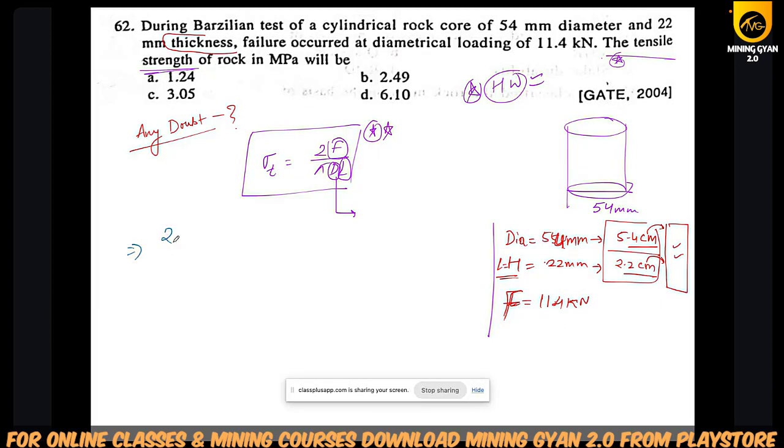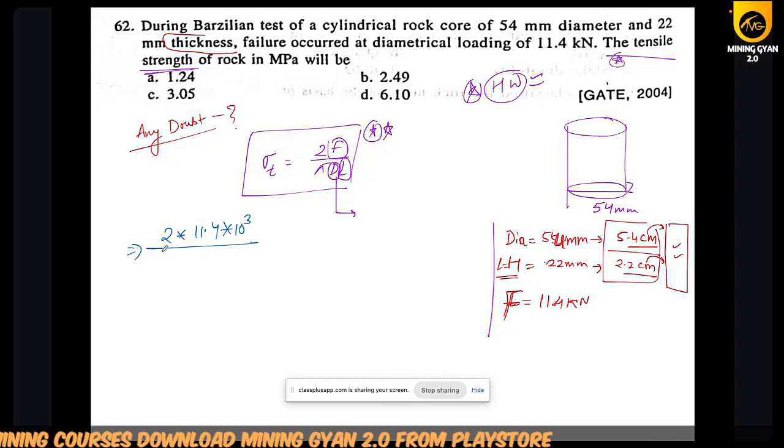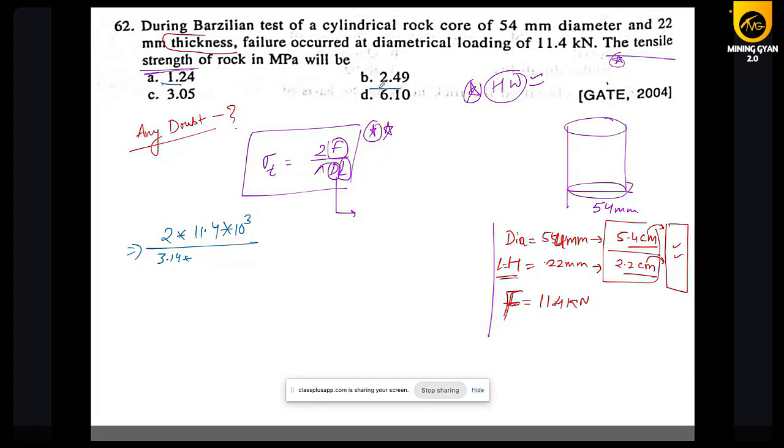2 into force, which is 11.4 kilonewton. So kilo you can convert by multiplying by 10 to power 3. Then pi, it's up to you what value you want to take. Pi value is 3.14, or either 22/7 you can also take. The answer will not change too much, because they have given us the proper difference in the options.